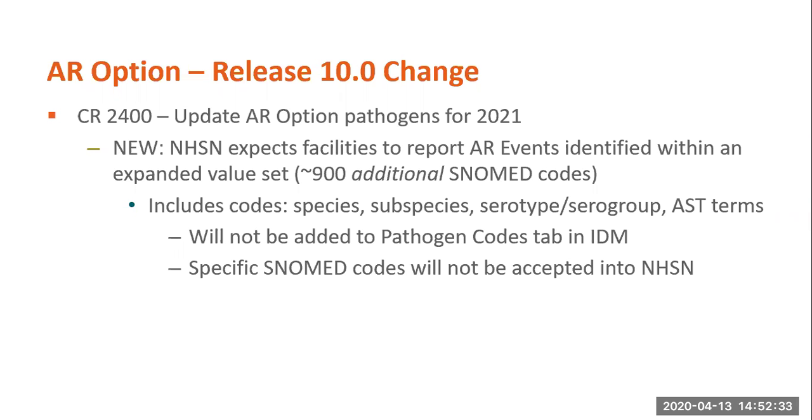I'll cover this a little bit more in the next slide, but we will not be adding all these 900 to our pathogen codes tab in the IDM. As you can imagine, that would be a very big maintenance burden for us. And as such, the specific SNOMED codes will not be accepted into NHSN.